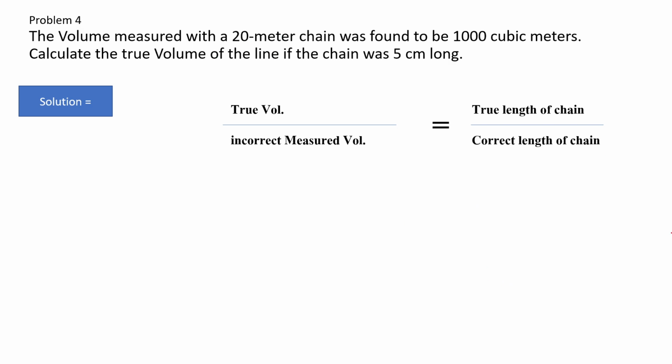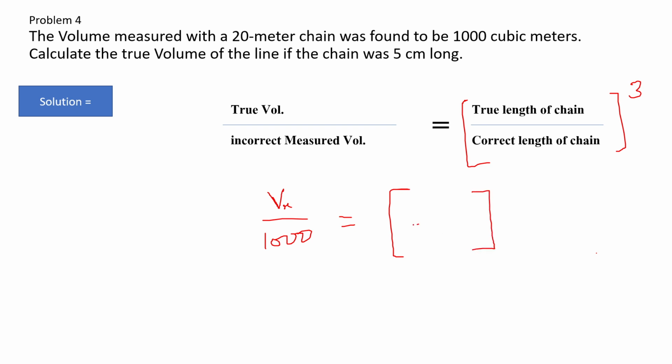Now volume calculation. For volume calculation, in this formula the power will be 3. So the true volume, suppose it is x, divided by the incorrect measured volume, which is 100,000 cubic meters, is equal to the true length of chain over the incorrect length of chain. Actually, what is the correction?